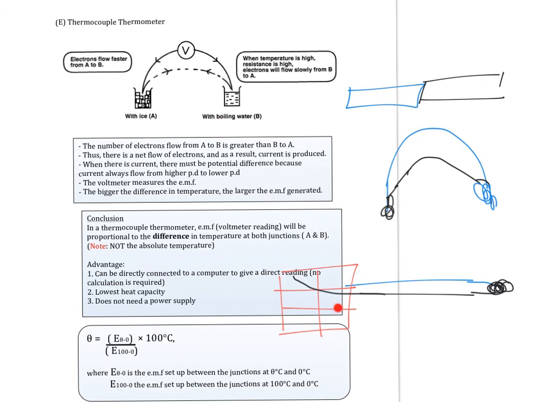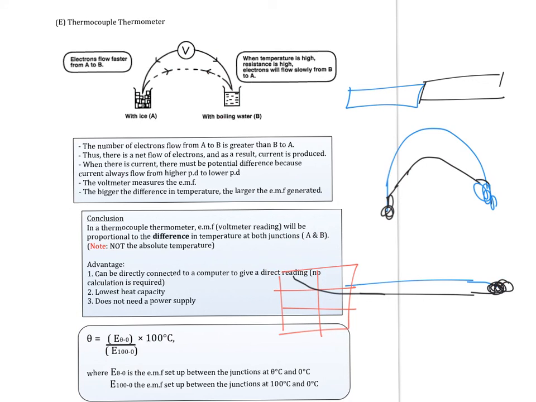So this computer terminal, since it is connected to the computer, will be able to measure the voltage directly and perform the calculations in order to get the temperature. In other words, this type of thermometer is very convenient because you don't have to do any extra calculations. You can just connect the thermometer directly into a computer, and the computer can do the rest for you. So why is it only this thermometer that can be connected directly into a computer?